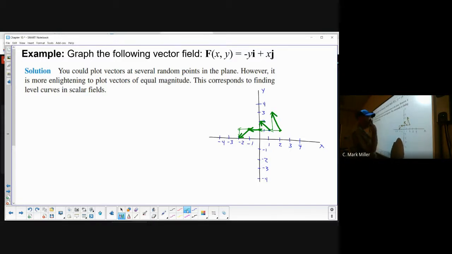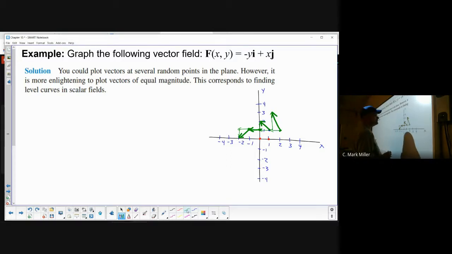How about if I go along the x-axis? How about if I start, say, at the origin? I'm going to do a different color. At the origin, 0, 0, I have 0. Kind of boring. All right. At 1, 0, my i is minus the y-coordinate, but that's 0. Y equals 0 along the x-axis.